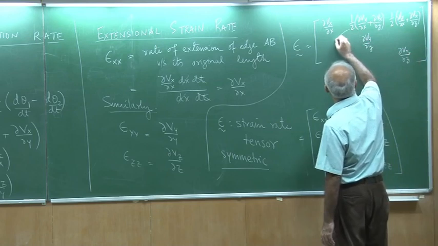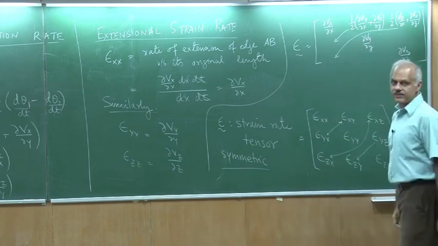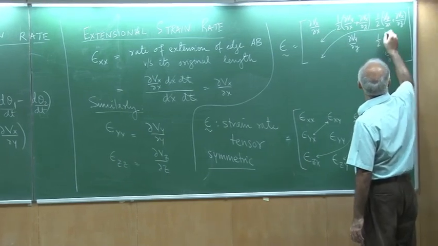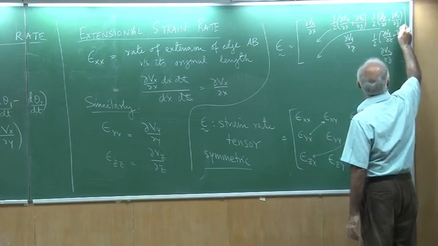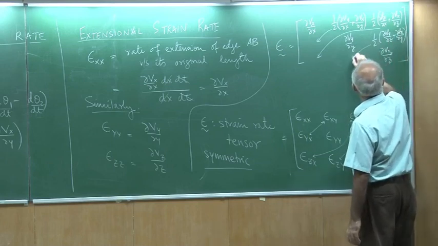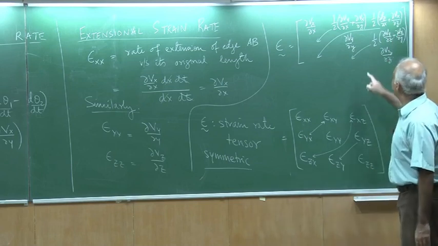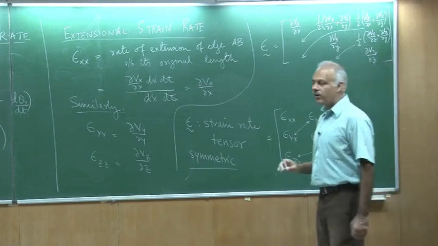I would have exactly the same quantity here, and I would have this quantity over here. So, I am not writing it again, and this one here would look like half of del Vy by del z plus del Vz by del y, and the same would appear here. So, I have a 3 by 3 strain rate tensor where I have tried to give you all the components.